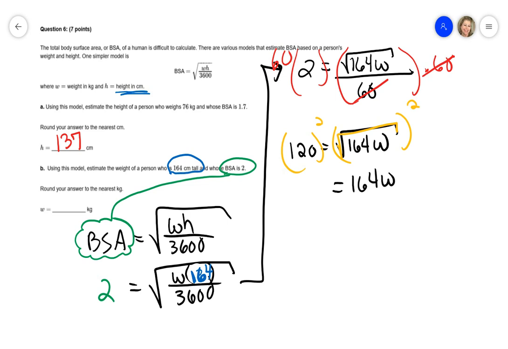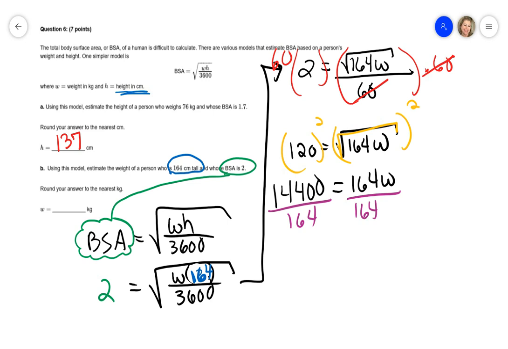And then I'm going to grab my calculator, take 120 and square it, and I get 14,400. And so my last step is divide by 164.